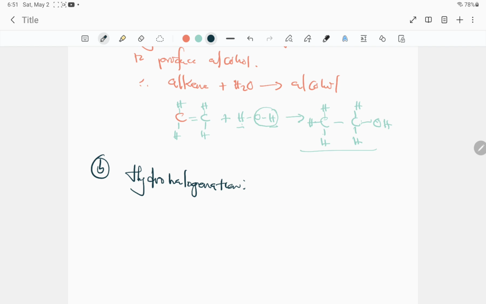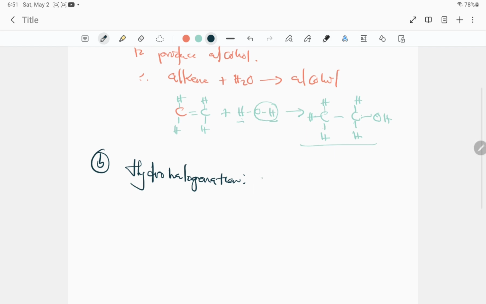Halogens, these are group 7 elements: fluorine, chlorine, bromine, iodine. So in hydrohalogenation, we are combining hydrogen and halogens. This one is the addition of a hydrogen halide.